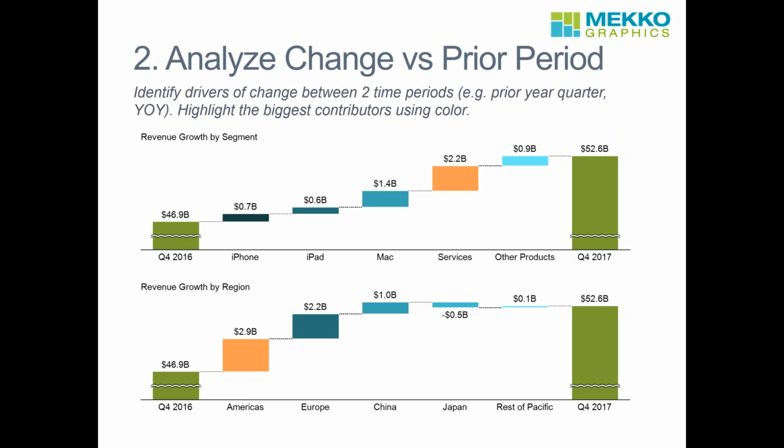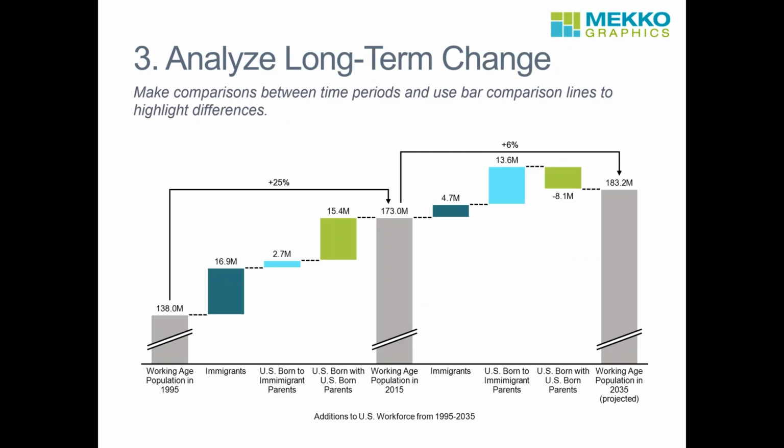So let me move on to the next to show you a third example. Here again, we are looking at change and trying to explain why a change occurred. Here I'm looking at change from historic, and then in a second time period projected.